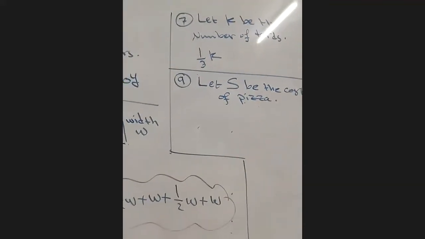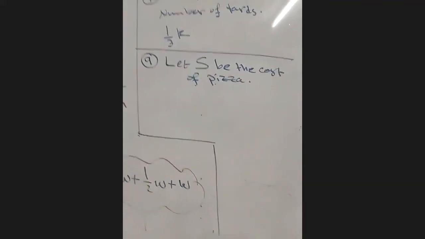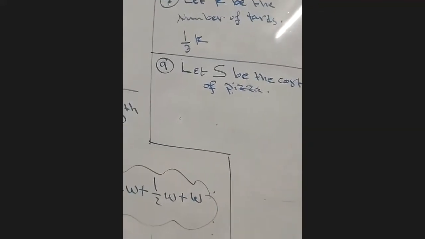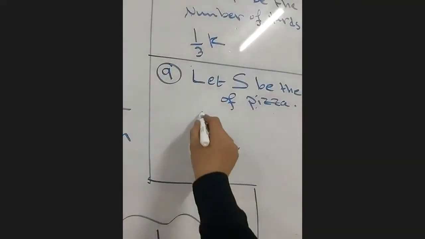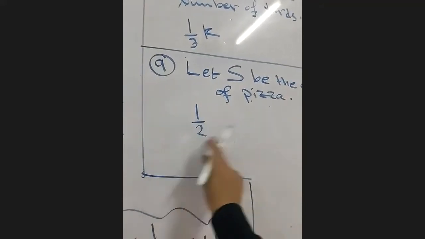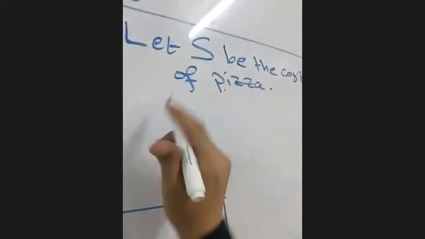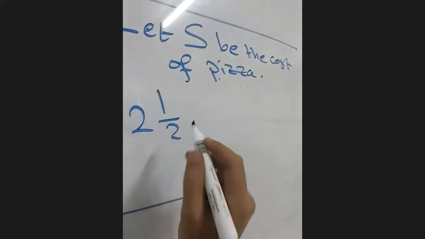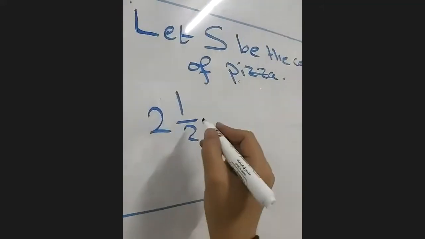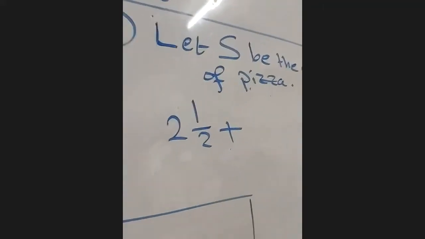Read the question again. $2.50 more than one-fourth the cost of a pizza. 2.50, it's the same. More than, it's addition, right?